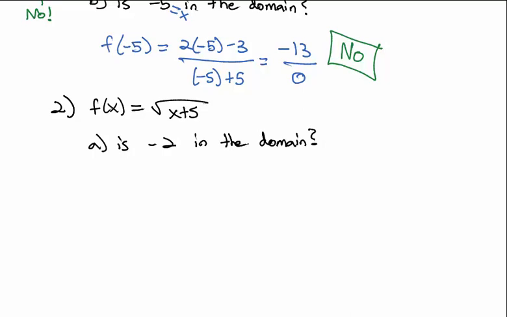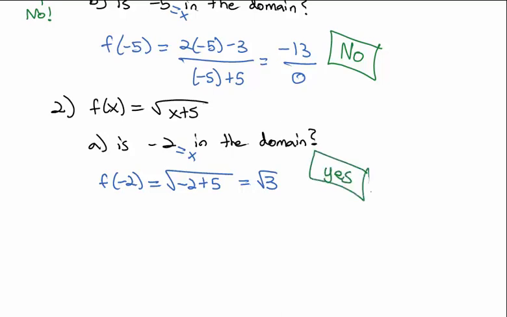But don't be too quick to exclude negative 2, because if we find f of negative 2, that's the square root of negative 2 plus 5, or the square root of positive 3. Now, it might be an ugly number, but we can take the square root of positive 3. So we will say, yes, negative 2 is in the domain.